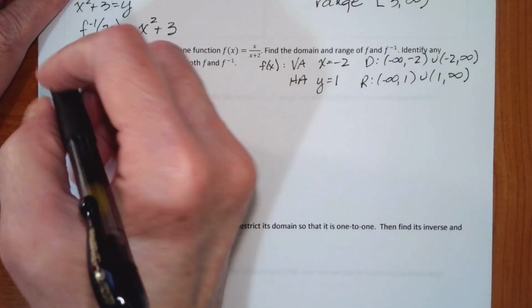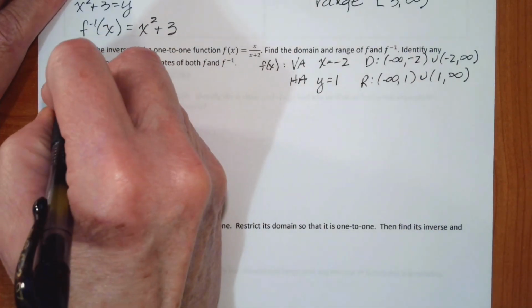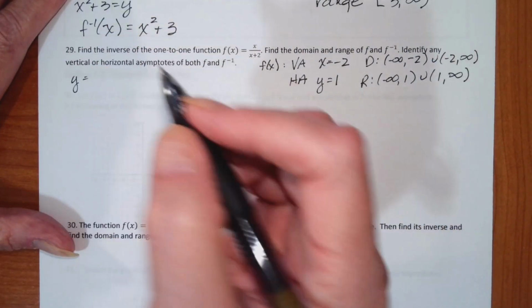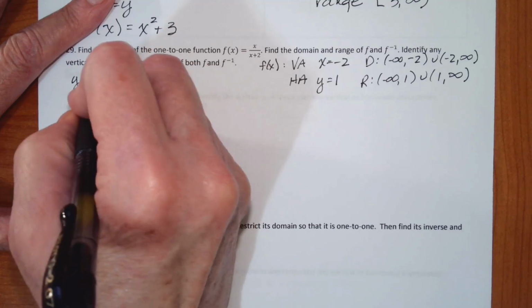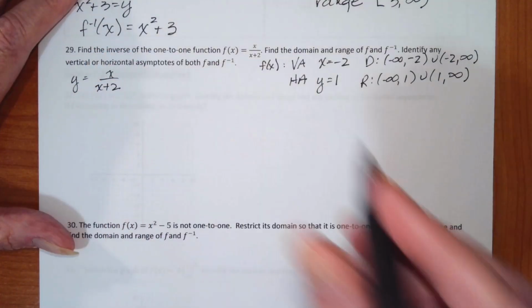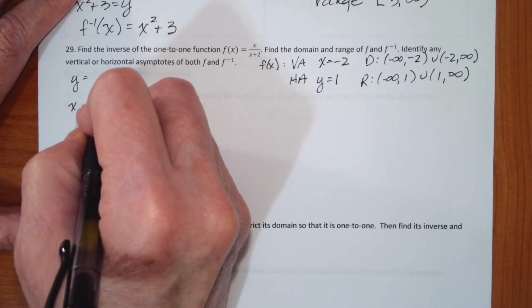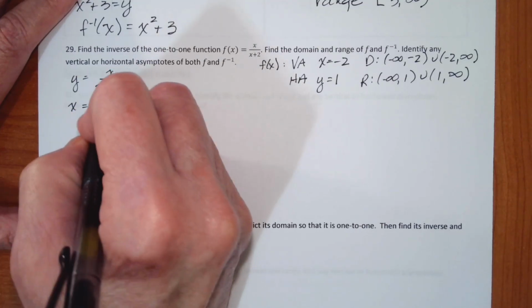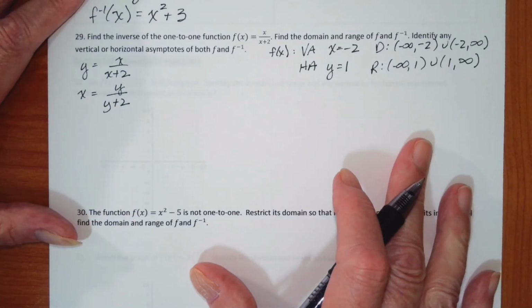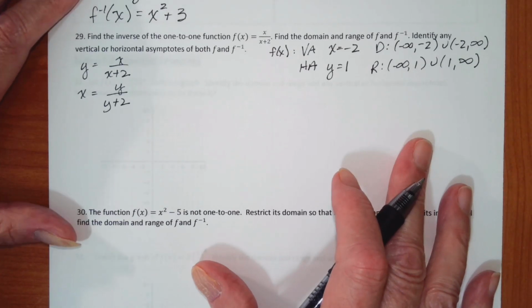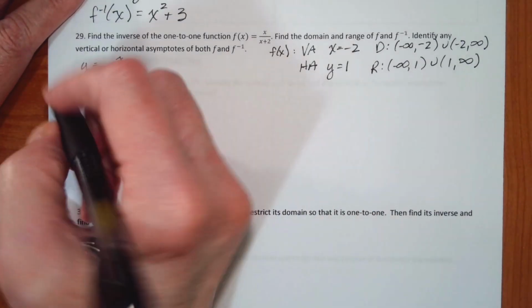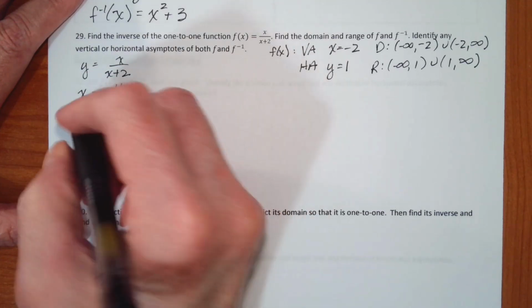All right, so if I start out, I have y is equal to x divided by x plus 2. I'm going to switch the x and the y, so x is equal to y divided by y plus 2. Okay, so I can just put this over 1. I can cross multiply.